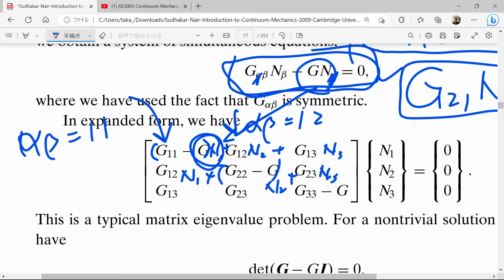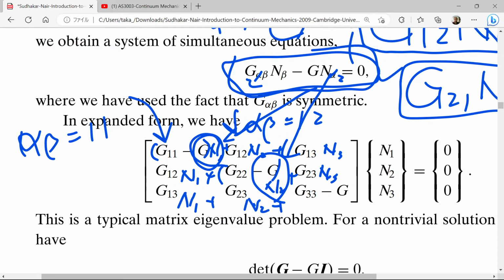So you have g n2 term because now alpha is 2. Here alpha is 2. So g2, you have this term from here. Same way for this last one, you have n1 here plus n2 plus this one multiplied by n3.